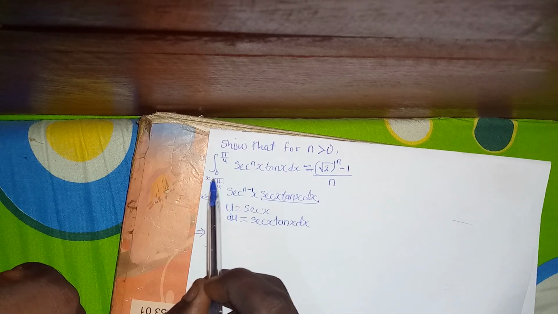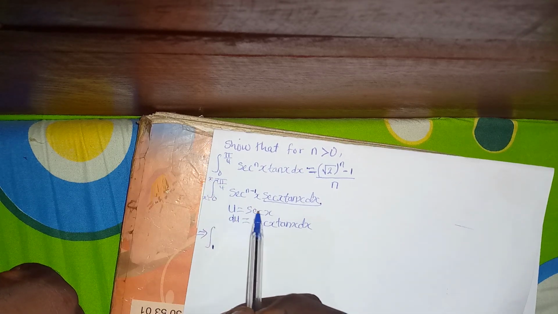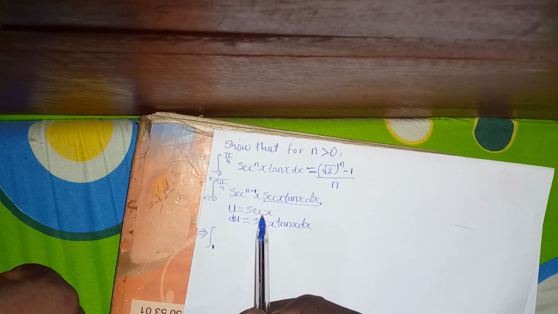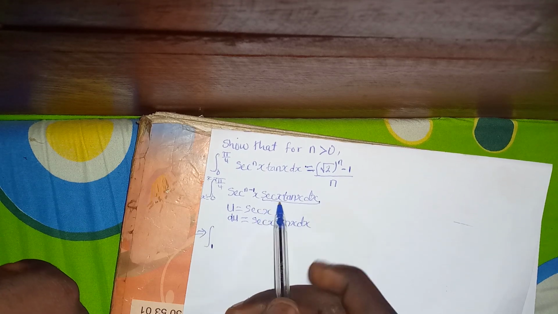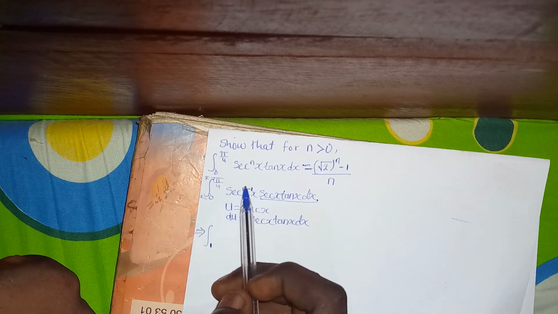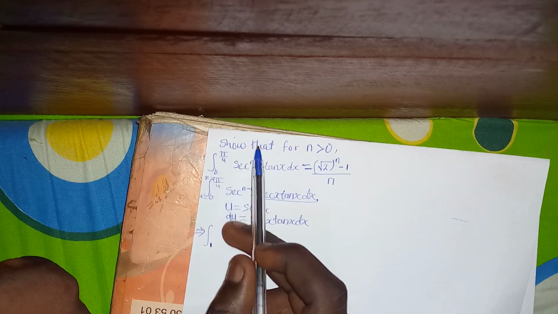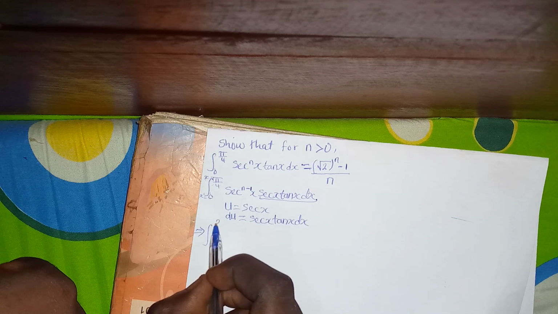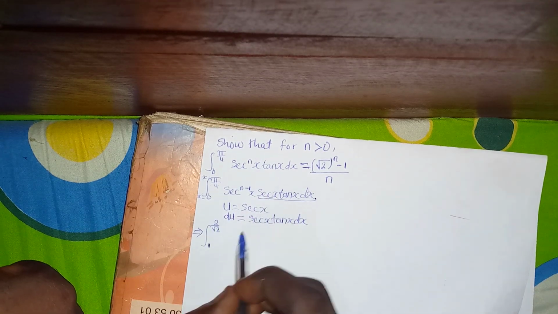Then if you put x equal to pi over 4, sec x is the same as 1 over cos x. What is cos pi over 4? Cos pi over 4 is root 2 on 2. But 1 over root 2 on 2 gives us 2 over root 2. So these are the limits of integration now.